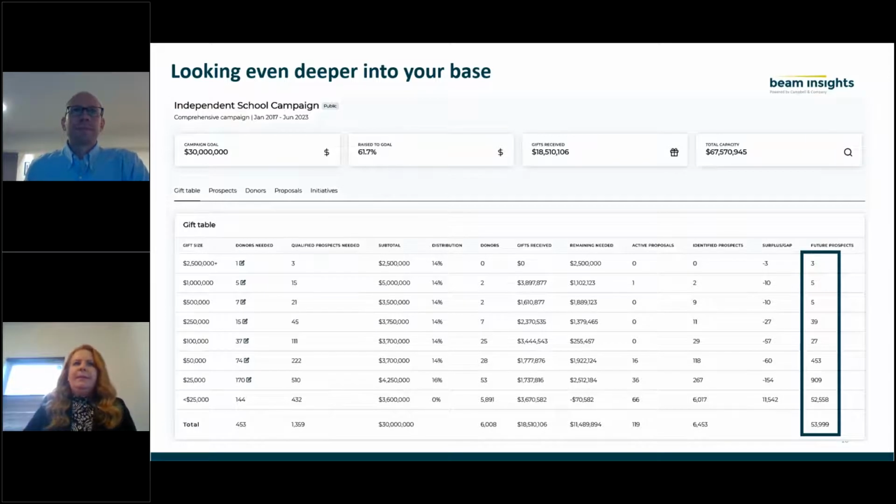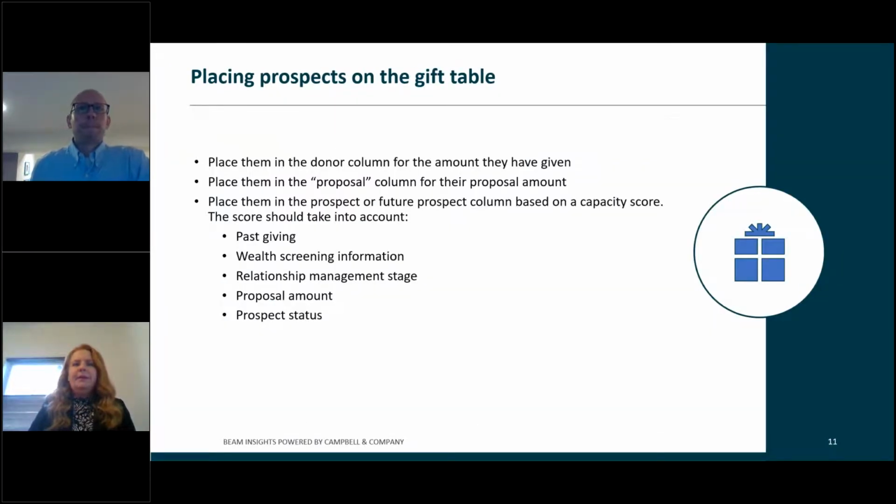So as you think about placing prospects on the gift table and what that mapping looks like, you won't necessarily pull in everyone from your database into a gift table for any fundraising initiative. If you're using it for annual funds, you may limit it to donors that have given to the annual fund in the past and pull those through, as well as potential prospects based on capacity. But they may not all land on the gift table, which is completely fine.